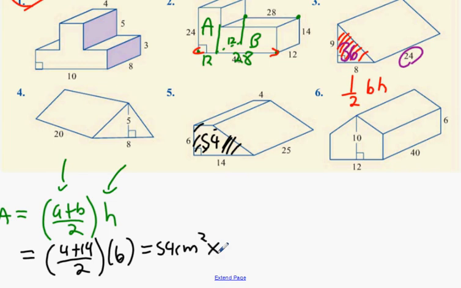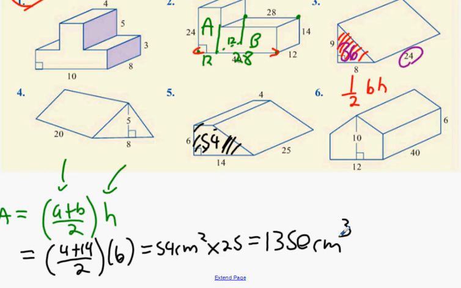Times it by 25, and what do you get? 1,350 centimeters cubed. Okay? Now, that's how you do them.